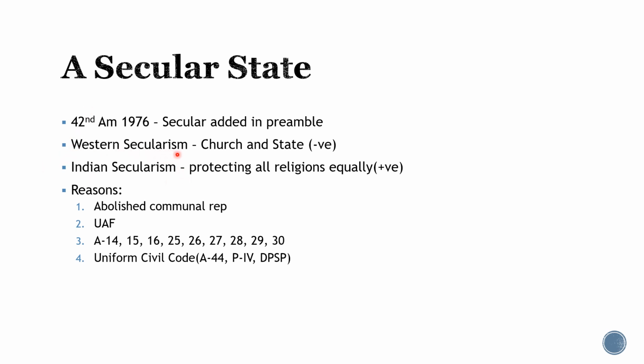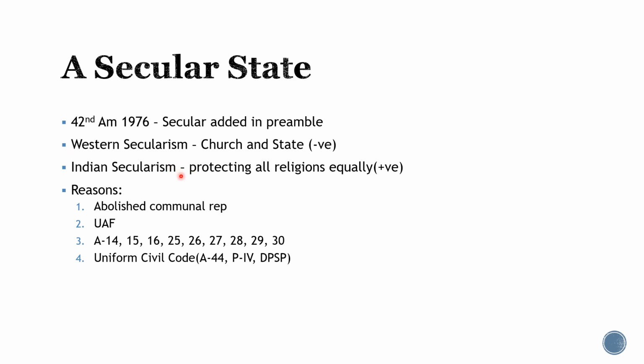Western secularism means there's a complete separation between church and state, between your religion and your government. So this is a negative form of secularism. In India, secularism has a more positive connotation. What it means is that India protects all religions equally. All of the religions have protection from the government.